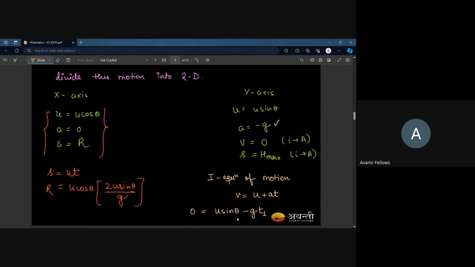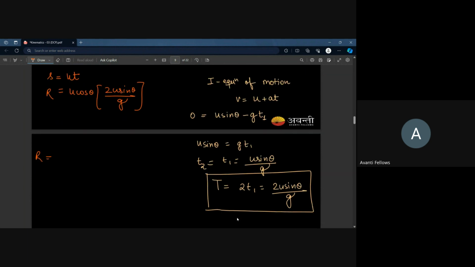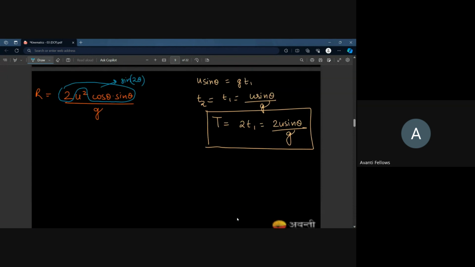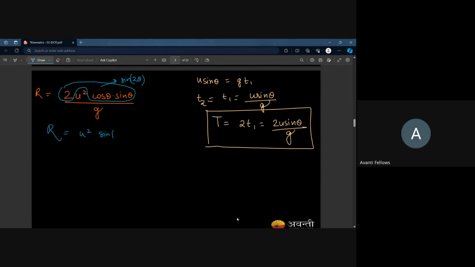You will get range, which is 2u square cos theta multiplied by sine theta divided by g. I hope you get the identity out of it, that is 2 cos theta sine theta, this is sine 2 theta. So range would become u square sine 2 theta divided by g. This is the maximum displacement in the x-axis.